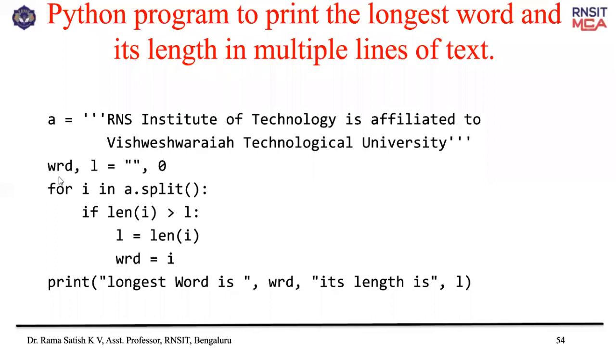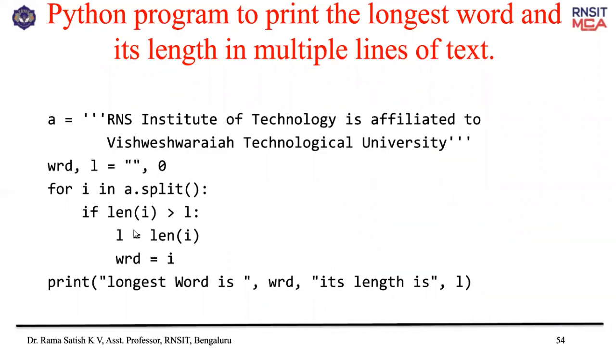Now I have a word and L is length. Word is empty word. I'm initializing as empty. L I am initializing it to 0. Now for I in A dot split means the entire string is split based on the space.